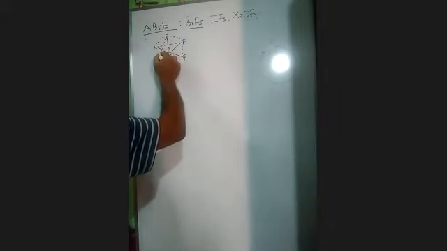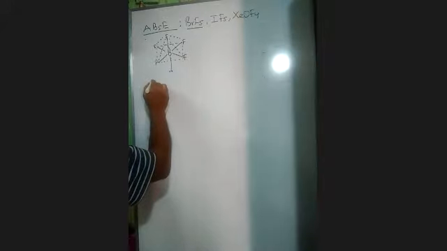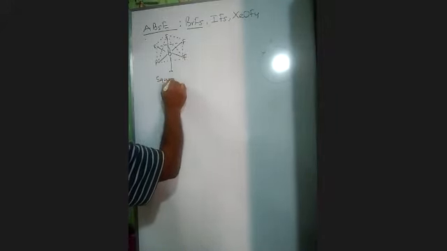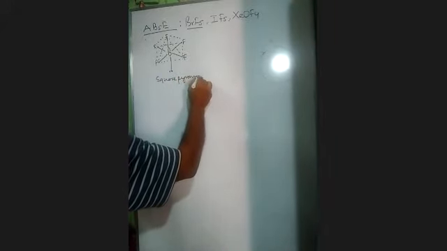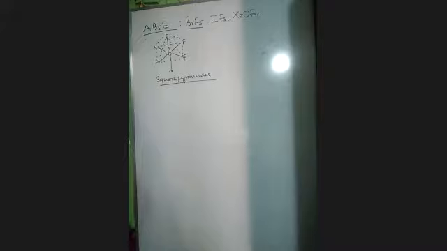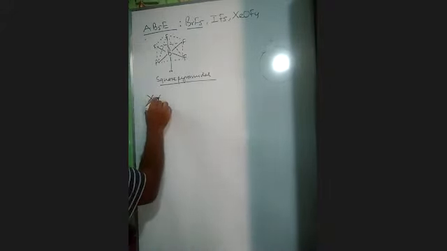These are not bonds. These are the outline, just to show the structure. So it is a square pyramid. This one I'm going to do for you.